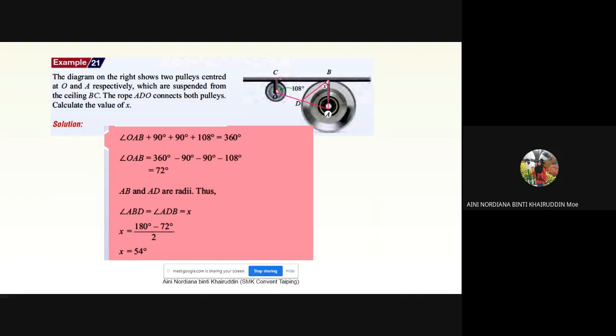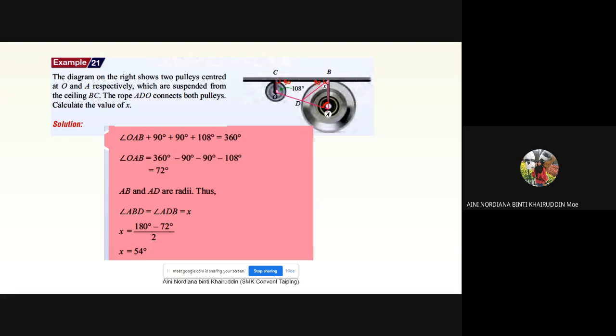Okay, first CB is actually the tangent. So the angle here is 90 degrees. Also the angle here is 90 degrees. So first you can calculate the value here, which is 180 minus 90 degrees.